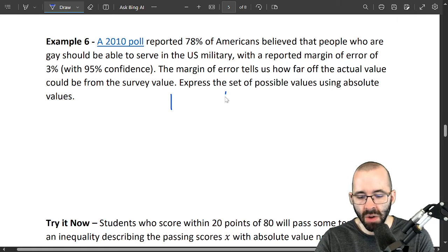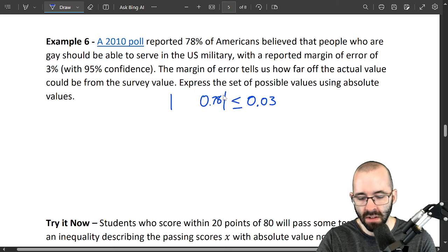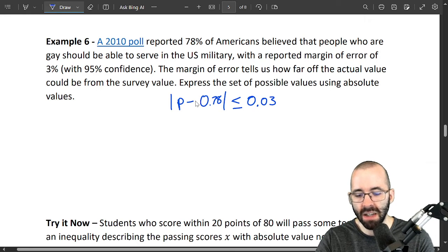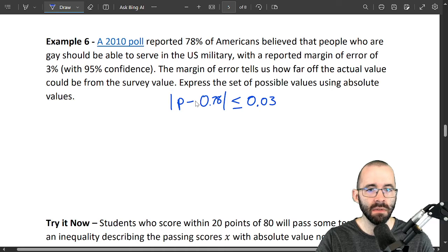Well, we know the distance between our actual number and our reported number is going to be less than or equal to 3%. So our reported number was 0.78. The true number, we can call that p or any other variable.